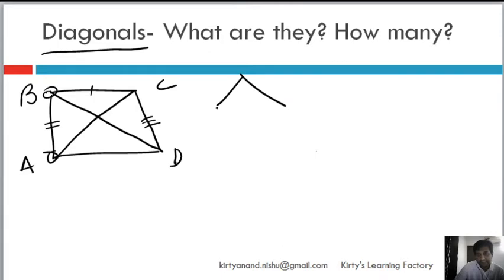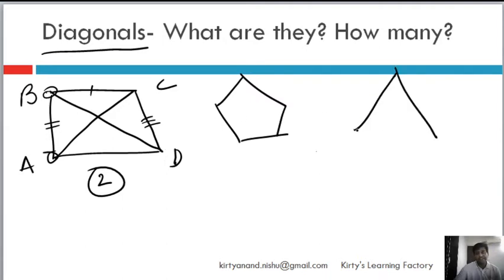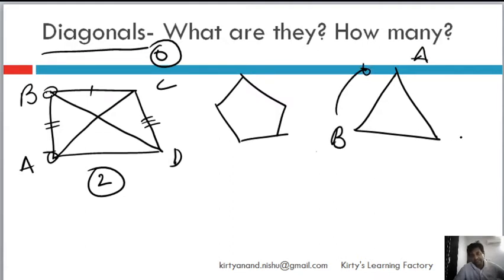So let's first see. In a triangle, tell me how many diagonals are there? In a triangle, basically there will be 0 diagonals, right? Why? Because there are 3 points, and for every point the other 2 points will be consecutive. Let's say A, B, C are the 3 points. Then for point B, point A and point C both are consecutive points.